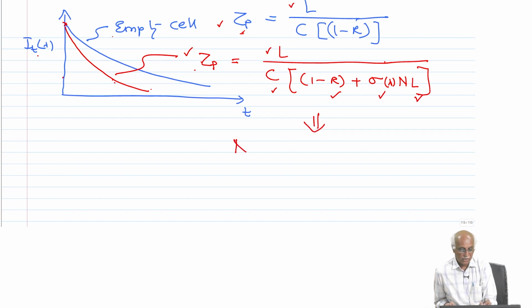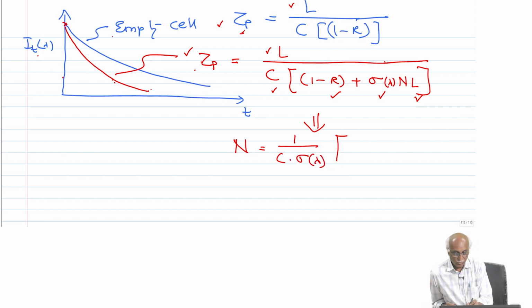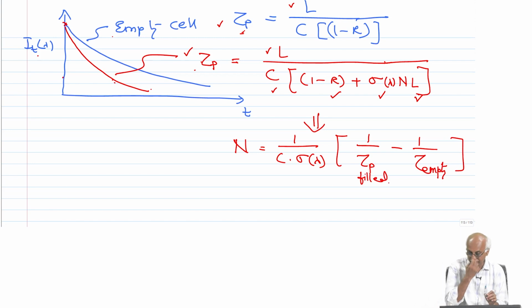So this n can be estimated by 1 upon C sigma lambda into 1 upon tau p minus 1 upon tau empty, I am writing it in terms of empty here. Tau p is with the gas filled cell.